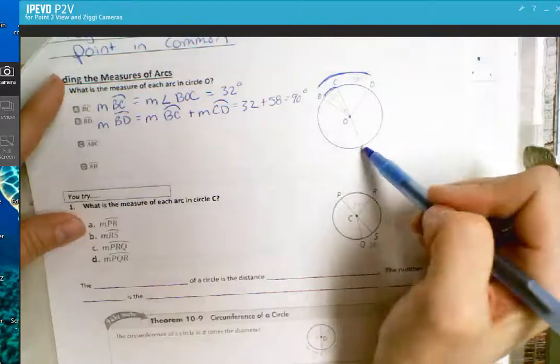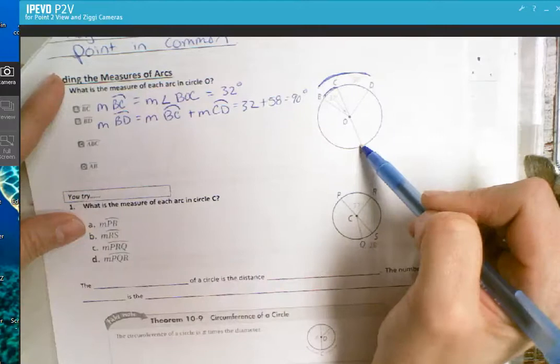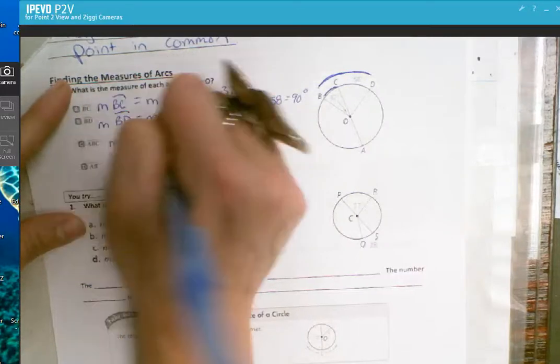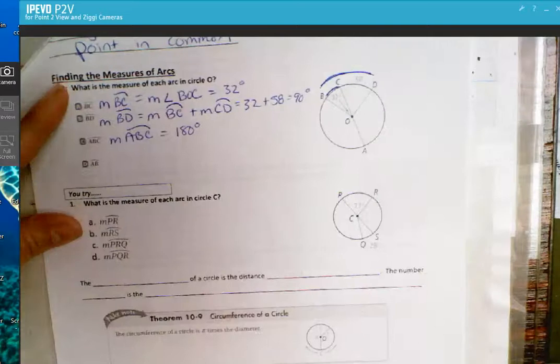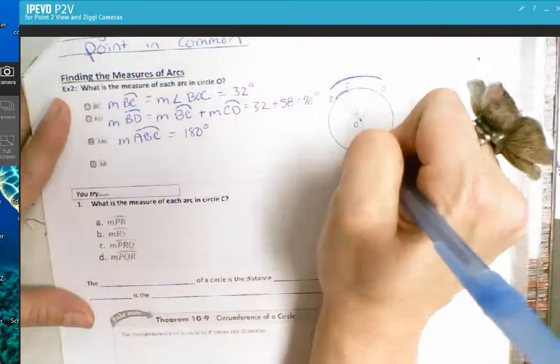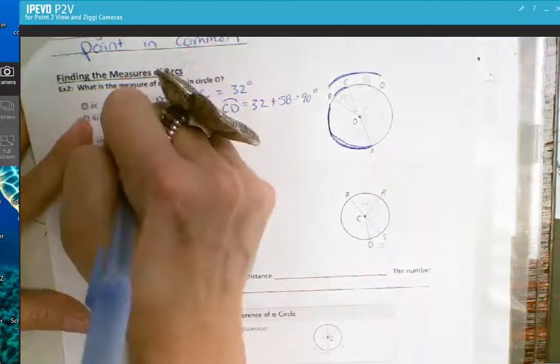ABC is created by the diameter, so the measure of arc ABC is equal to a semicircle's measure, which is 180 degrees. And now we're looking for just arc AB.